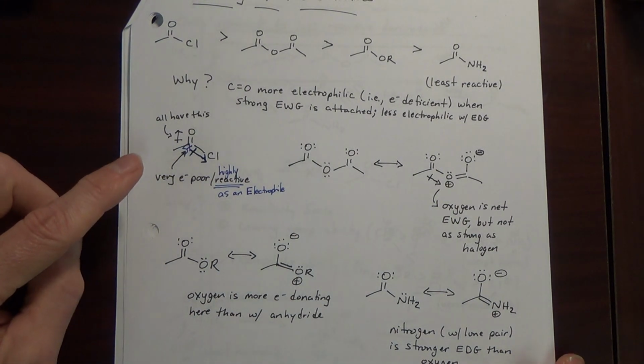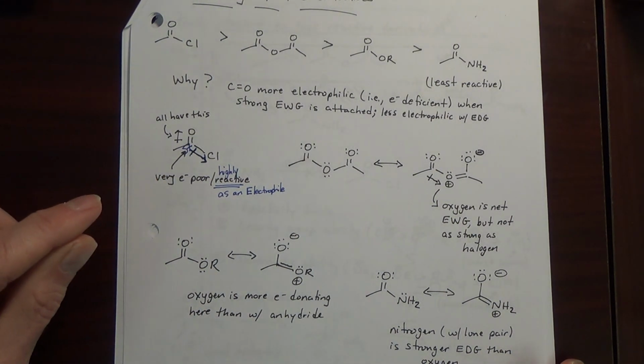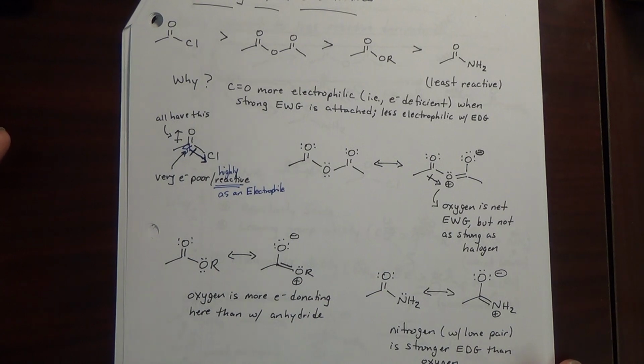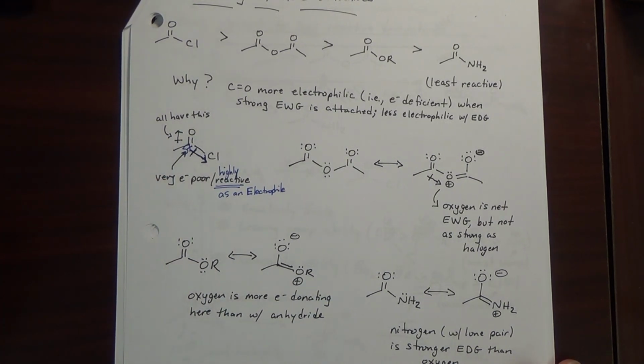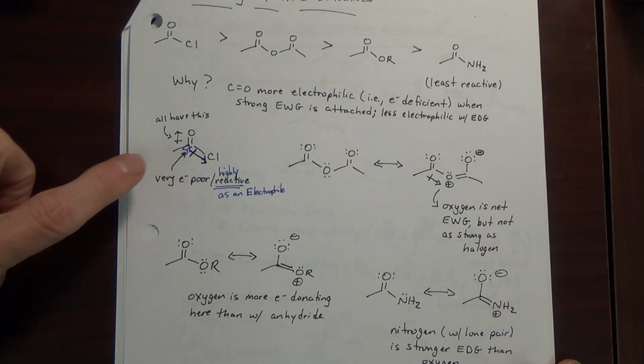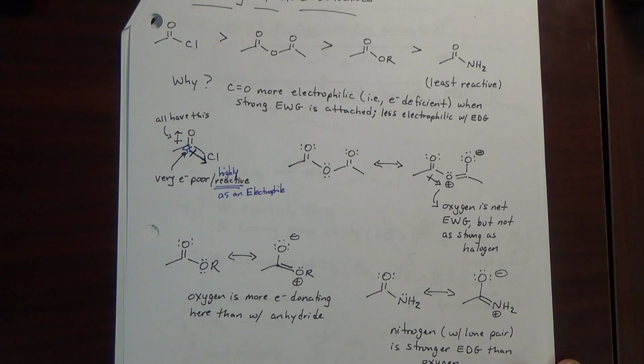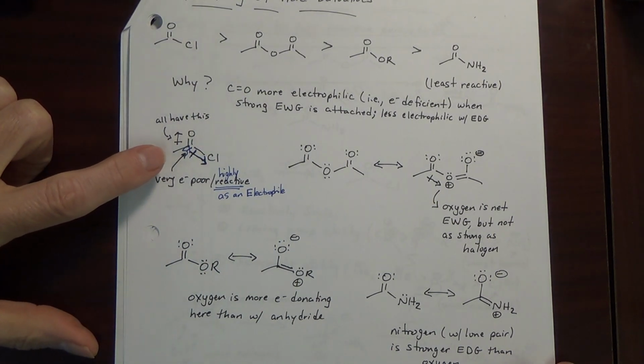Now, acid chlorides are so reactive that they will react with water, and because of that, you don't typically see them in nature where there happens to be water. Acid chlorides tend to be reactive intermediates that you use in the lab for synthesis. They're not going to be an end product. You're never going to see an acid chloride as a drug.